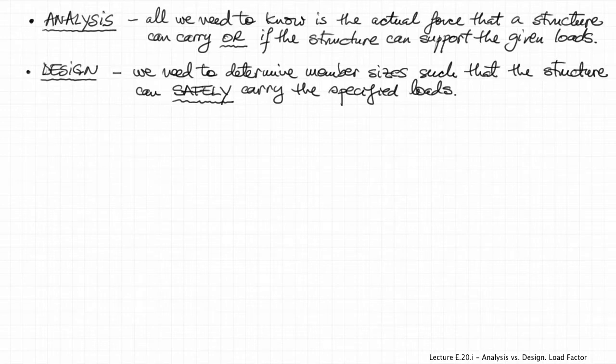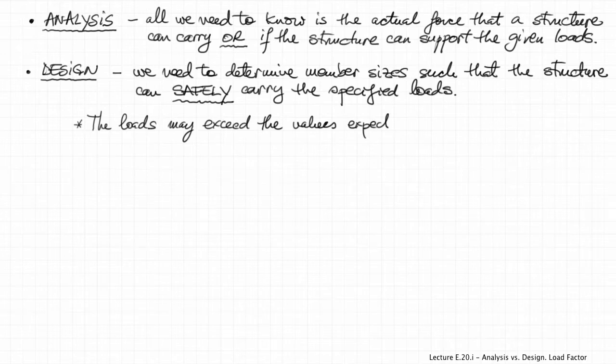Now we all know, for example, what the expected loads would be on a structure. Some examples would be the students' weight in a classroom, or the wind loading on a building, or the snow load on a roof. But we know these as typical maximum values. However, under certain conditions, these loads may exceed their values.